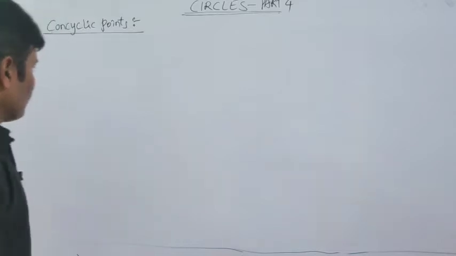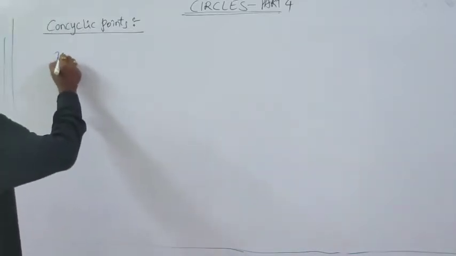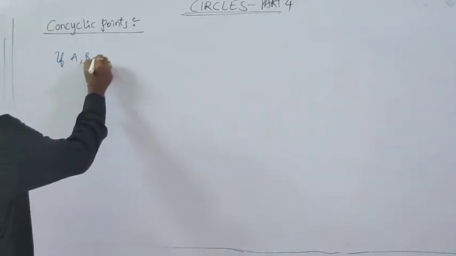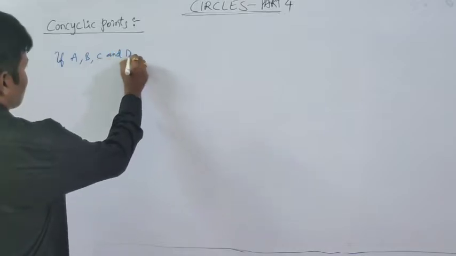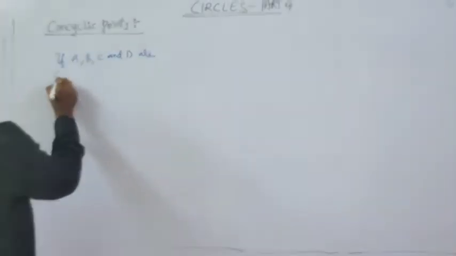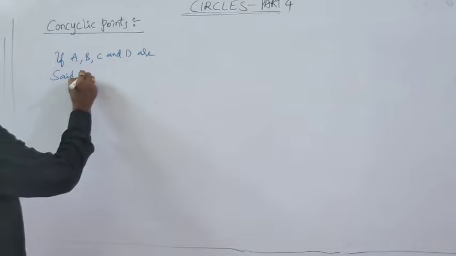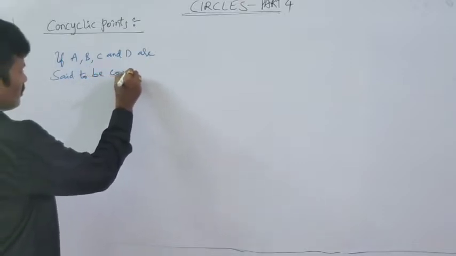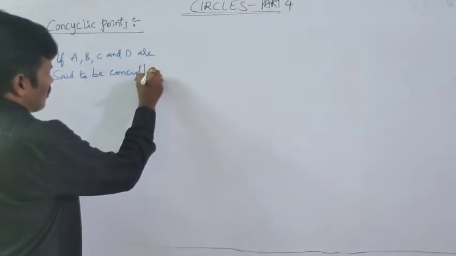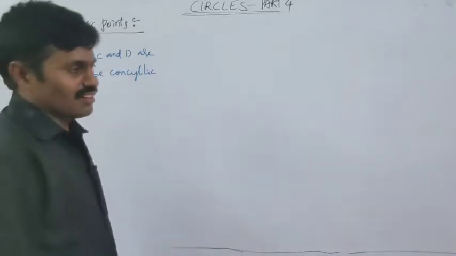If A, B, C and D are said to be concyclic, when can we say these points are concyclic?